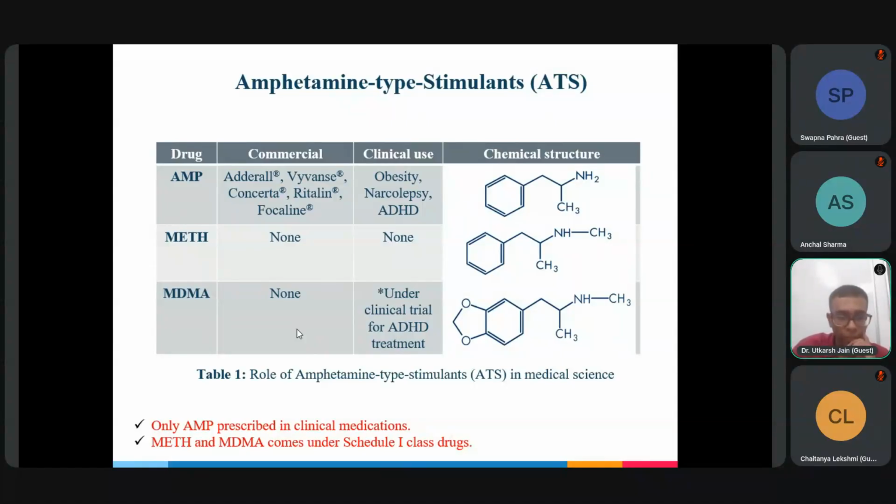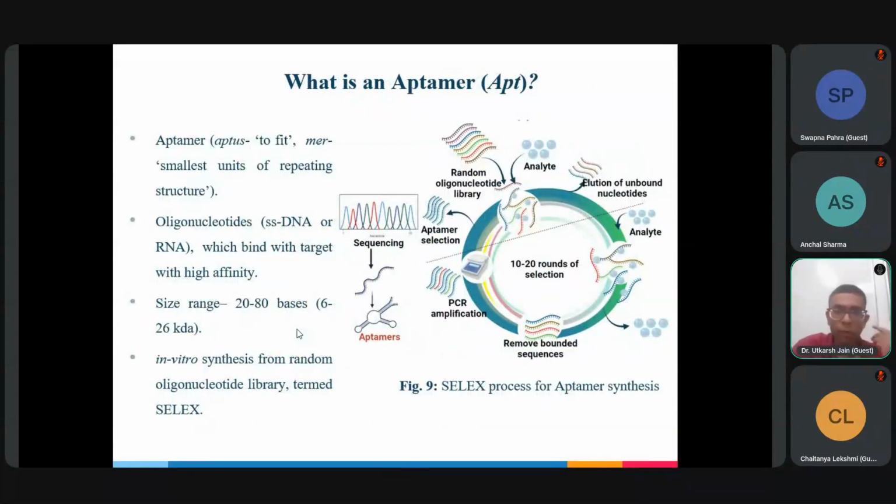So he wanted to check whether we can have these aptamers loaded on the electrode surface, and whether we can develop a sensing device for this or not. As I told you, I have already described this. What is an aptamer? There are certain sequences spontaneously binding with particular molecules.